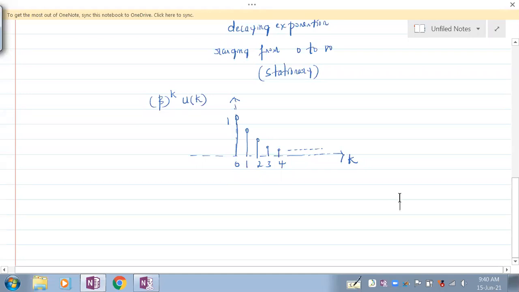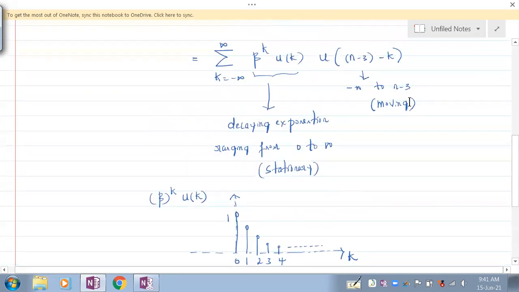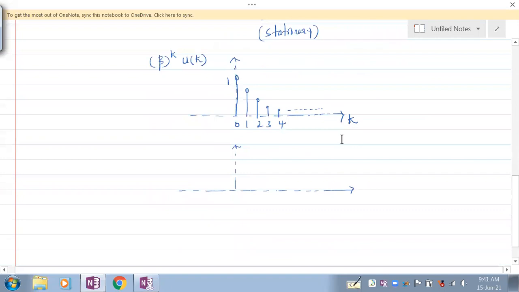Fine. Now we need to draw u of n minus 3 minus k. So I've told you u of n minus 3 minus k is u of k ranging from minus infinity to n minus 3. So here you have the signal ranging from minus infinity.